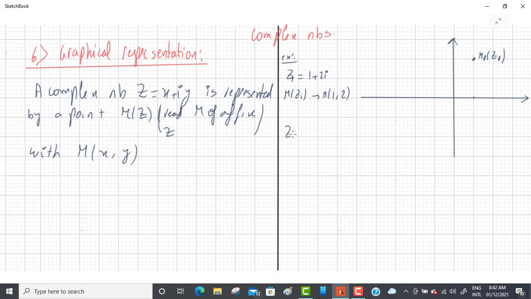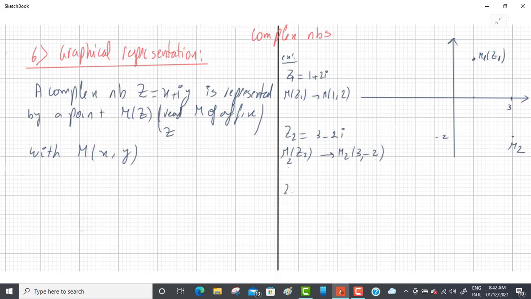For example, if you have z2 equals 3 minus 2i, M2 of affix z2 is the point of abscissa 3, ordinate minus 2. This is the point M2.